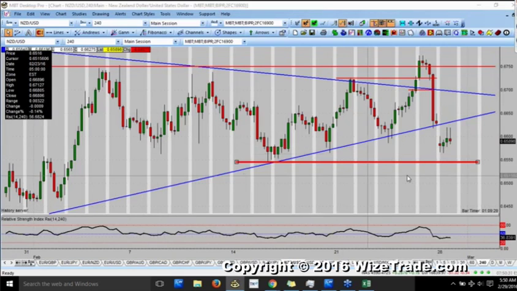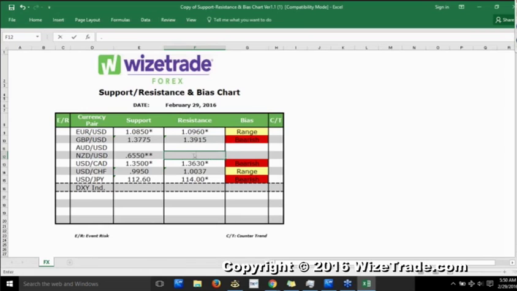Now, any move back up towards 65.50, you have this gap here at 66. We closed at 66.27, so 66.30 will offer resistance. I'm going to write down 0.6630/50.